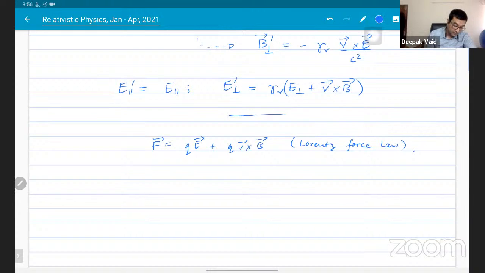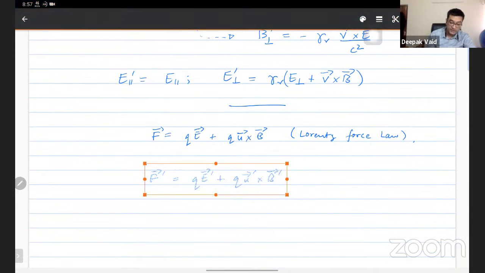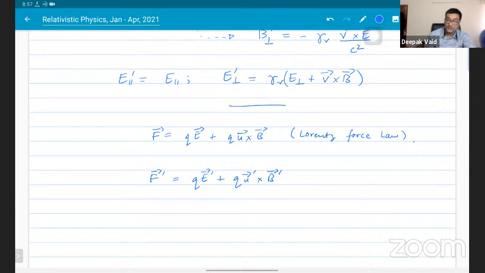So now, if you just write this expression with respect to a different observer, moving with some velocity, so instead of V, I should use U, because V I use something else, U prime cross B prime. So this is the force in one frame of reference, this is the force in the other frame of reference, right?